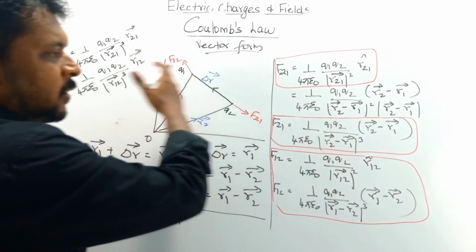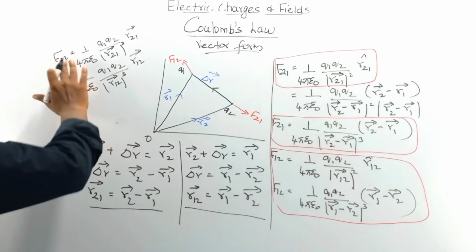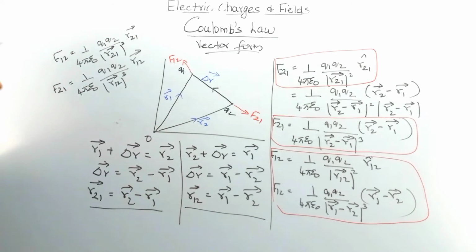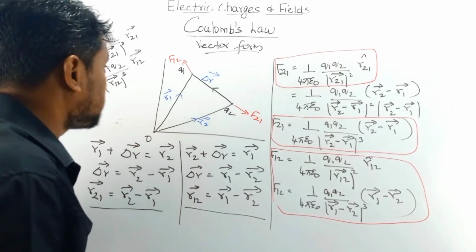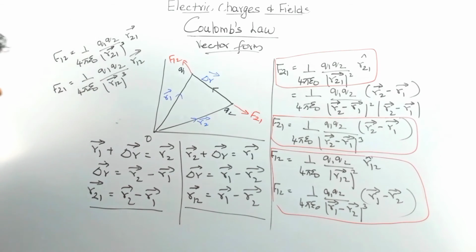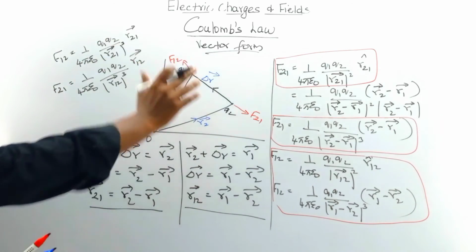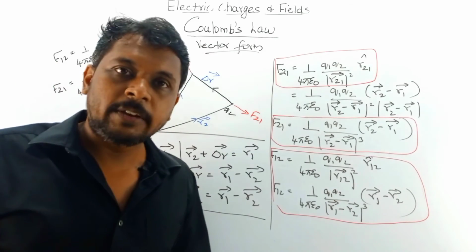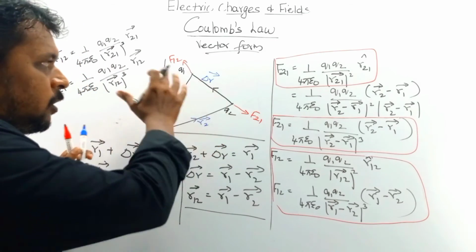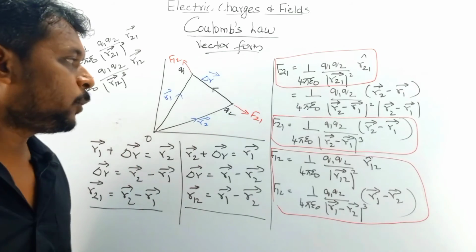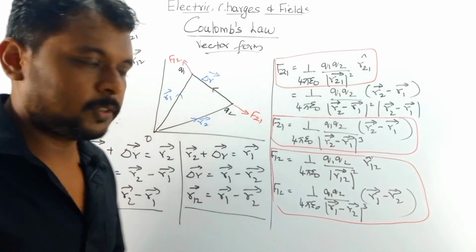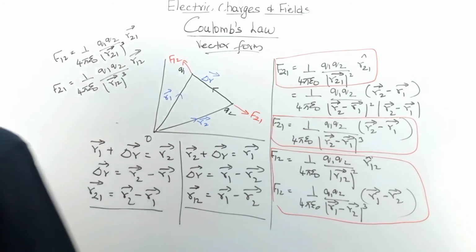Let's compare with respect to position vectors. They are mostly similar, not much difference in the representation of these equations. So this is the way of representing Coulomb's law in vector form. First we expressed it normally, then we also represented the equations with respect to the position vectors. Please make a note of it.